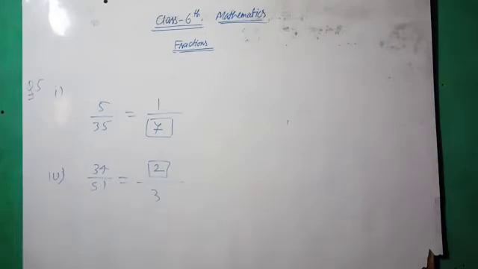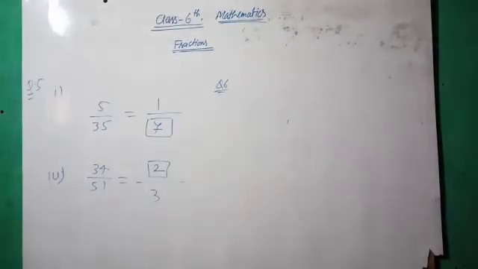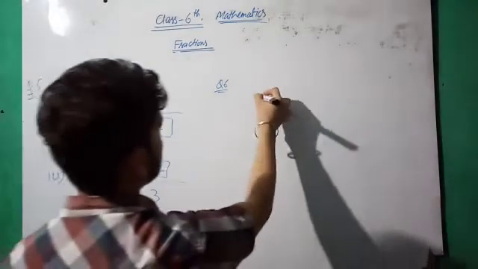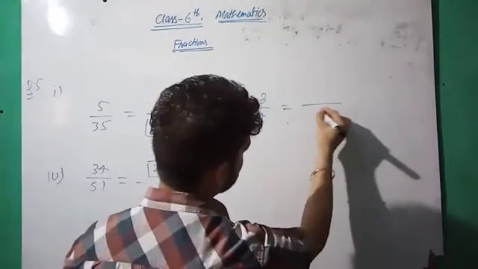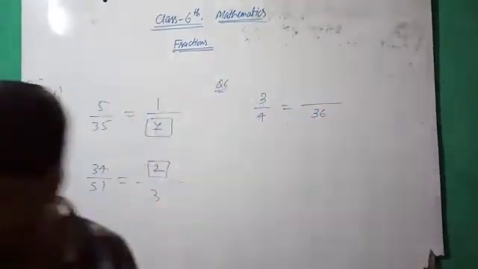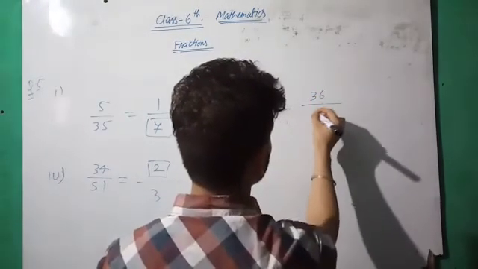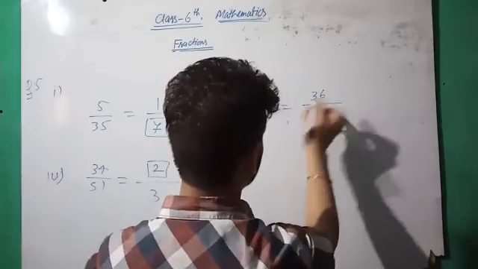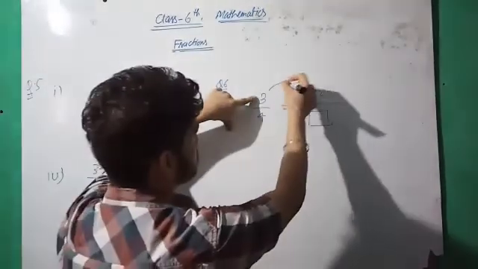Question number 6. Write an equivalent fraction of 3/4 with the numerator 36. Very simple question. This is similar to the previous question: an equivalent fraction with numerator 36, and the denominator is blank, so we have to fill it out.